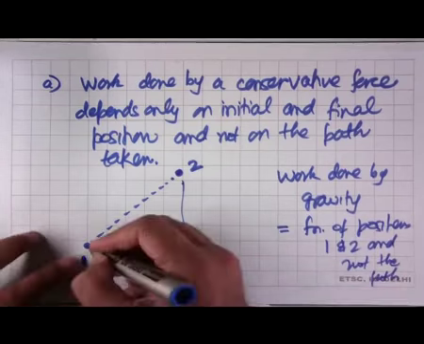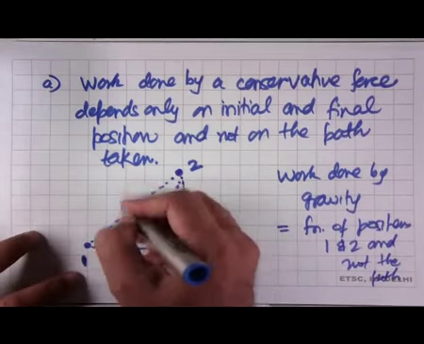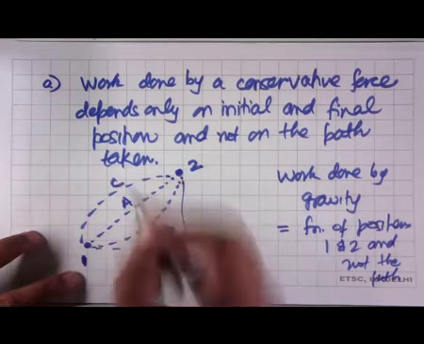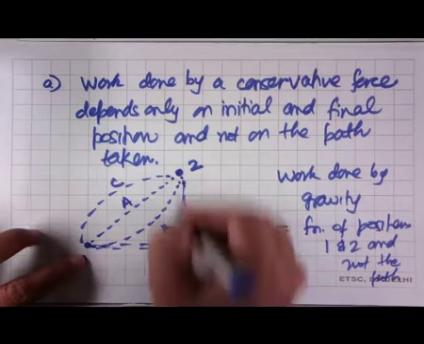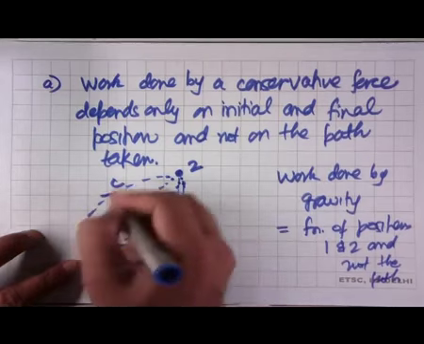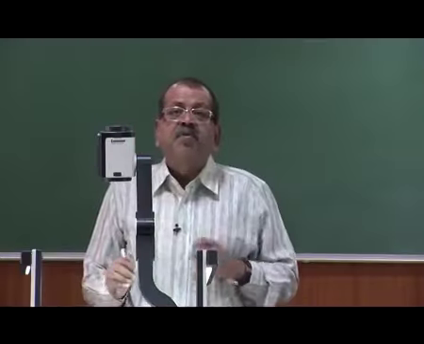And what we mean is, even if the particle moves along a path A or path B or path C, or let us say it first travels horizontally, then vertically up, any path which the particle takes, the work done by a conservative force will be the same irrespective of the path.